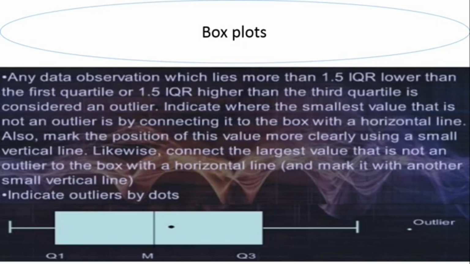Indicate outliers by dots. So the dots in the box plot are considered outliers, as you can see in the graph here. Represent the median by a vertical line. We have the first quartile, third quartile, and so on.